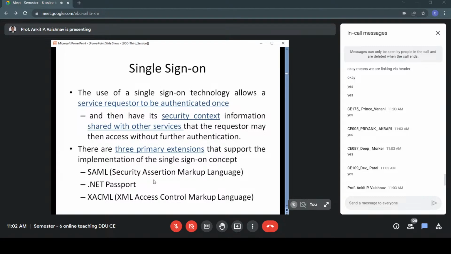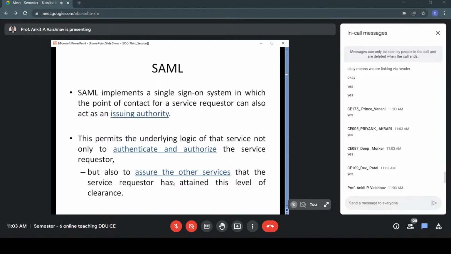How SAML works. Are you clear with the basics? What is single sign-on? So that we can go with the process of single sign-on in SAML. Are you clear up to this, all of you? Yes, okay. Not getting the flow means not getting where the security context is.